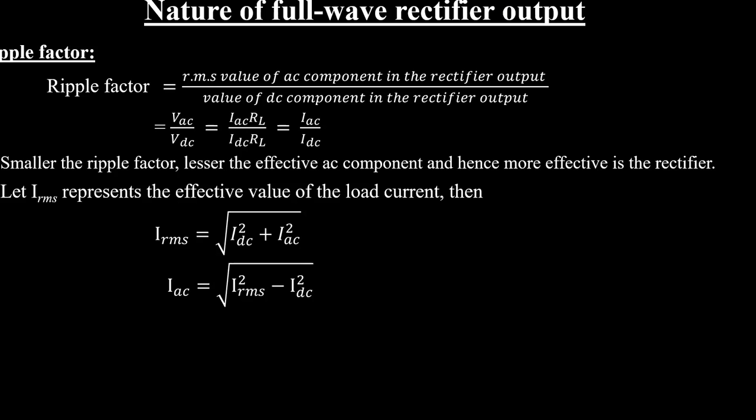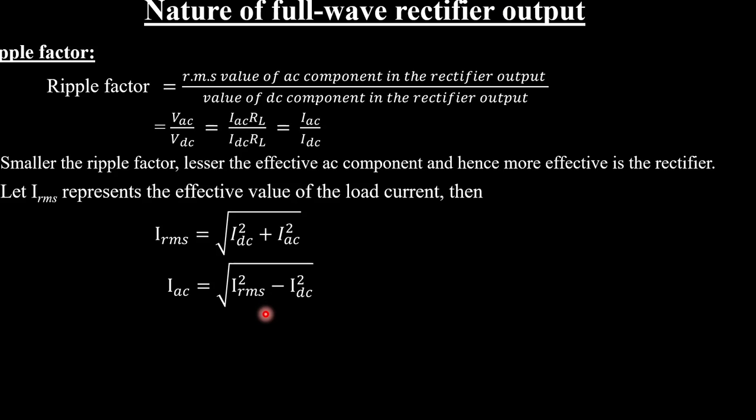This can be rewritten as IRMS square equals IDC square plus IAC square. From that, IAC is equal to the square root of IRMS square minus IDC square.